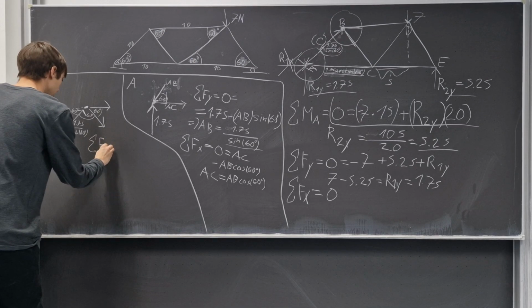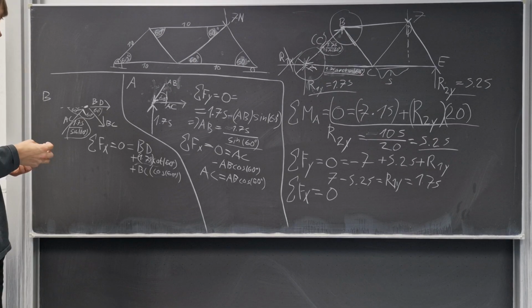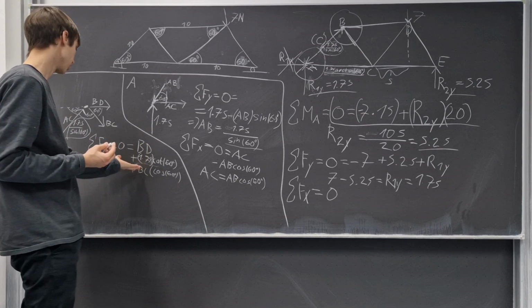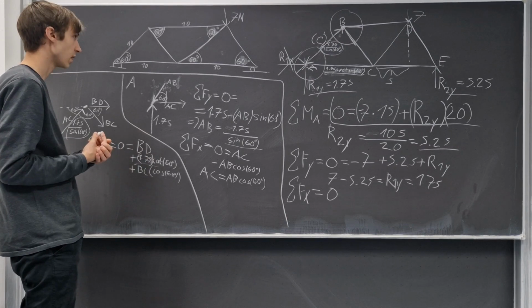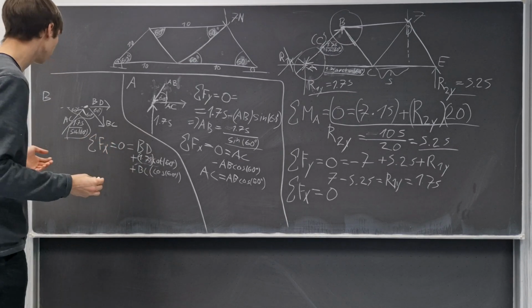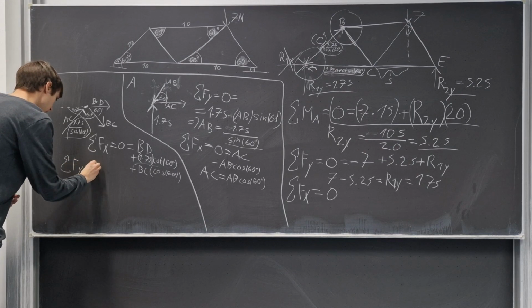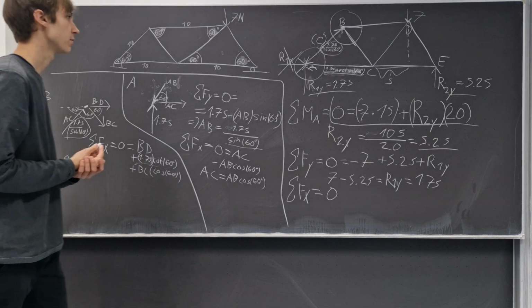Now let's take into account some information. Equilibrium at X. This is a little trickier because we actually have two unknowns in this equation, and that's not very nice. So we might actually try Fy. So y, what will it give?